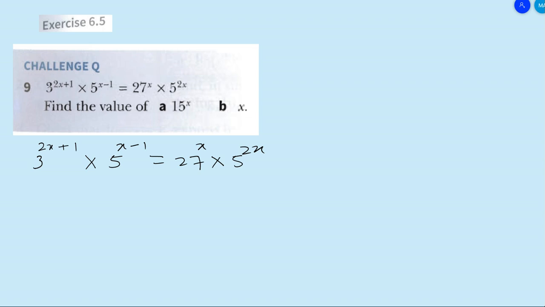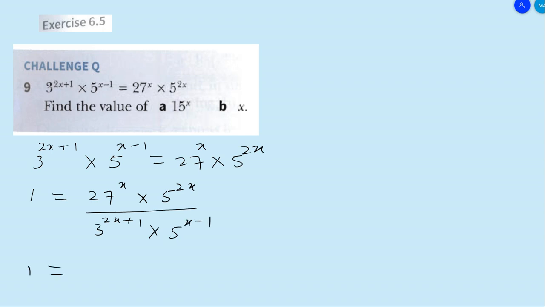So if we move this 3 to the power 2x plus 1 and 5 to the power x minus 1 to the other side, the remaining is 1. And 27 to the power x into 5 to the power 2x upon 3 to the power 2x plus 1 into 5 to the power x minus 1.